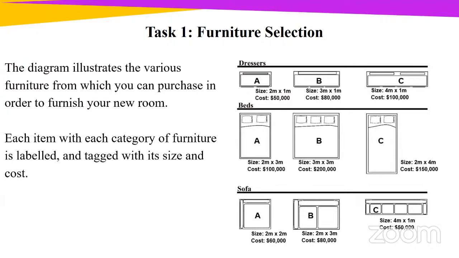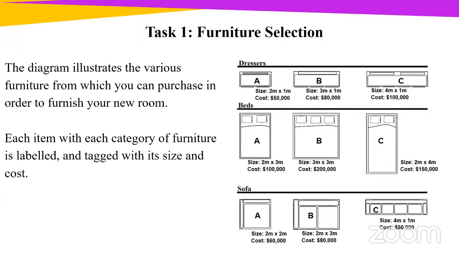The size and the cost. Very good. So we're seeing the size and the cost for each set of furniture. Good job. All right. So boys and girls, quickly. First one, let's look at dresser A. What's the size of dresser A?